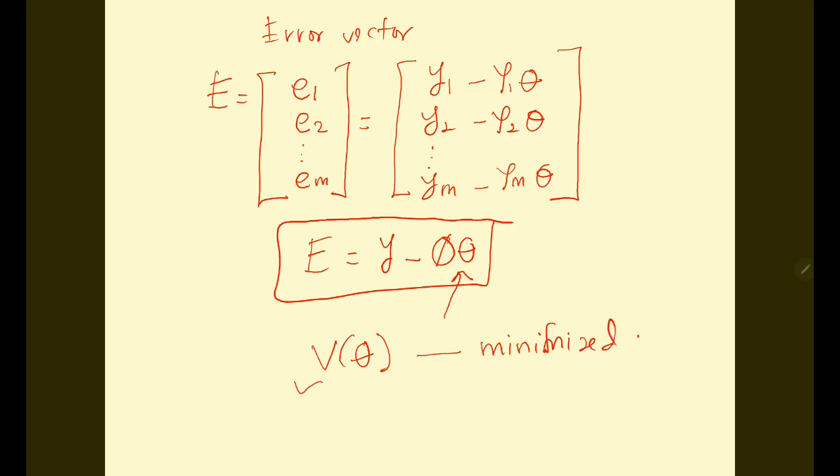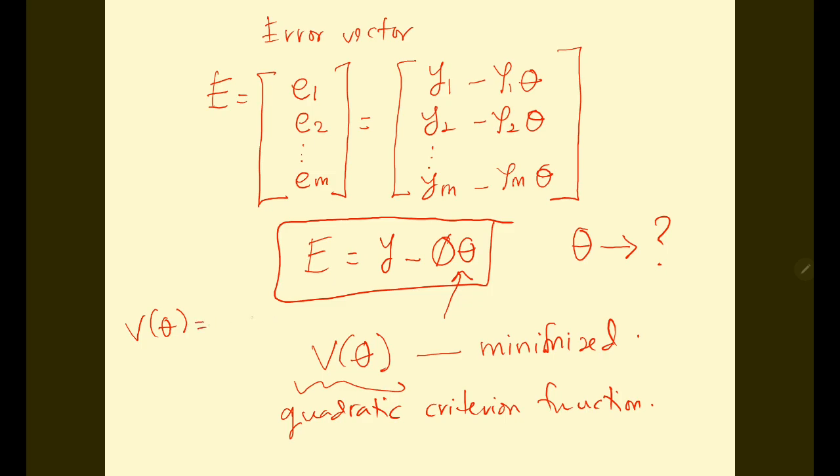Here is the quadratic criterion function. The equation is V theta equal to e1 squared plus e2 squared plus ... em squared.